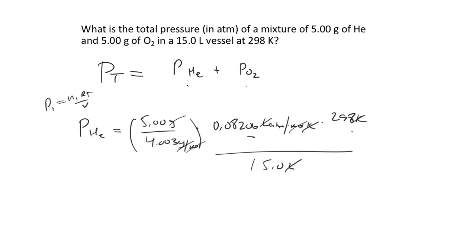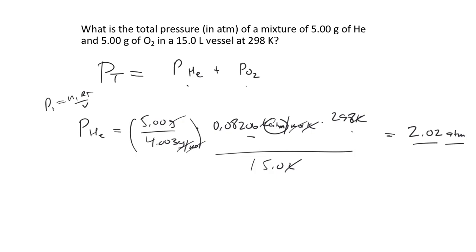The only thing not canceling is ATM, the pressure. So the partial pressure of helium in that container, I have a little over a mole, so it's going to be a pretty high pressure. So it's 2.02 ATM. Just a simple pressure calculation as if the other component wasn't there.